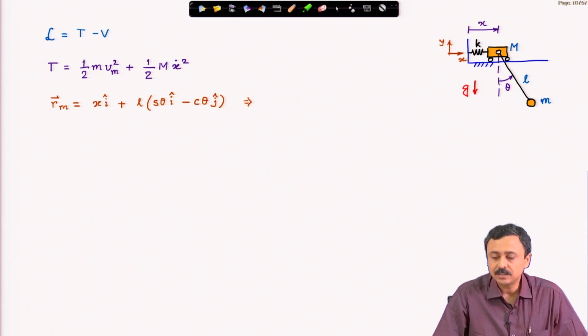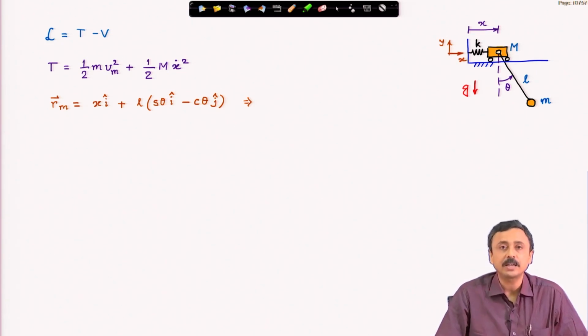I represent the position vector of the small mass, the bob, in terms of x and theta, the generalized coordinates. I can always do that, that is the purpose of using generalized coordinates. I can find the physical coordinates of the bob, and this is what it is. r_m equals x i cap plus L, the length of the pendulum, times the unit vector along the pendulum, represented in the xy coordinates that I have shown in the figure.